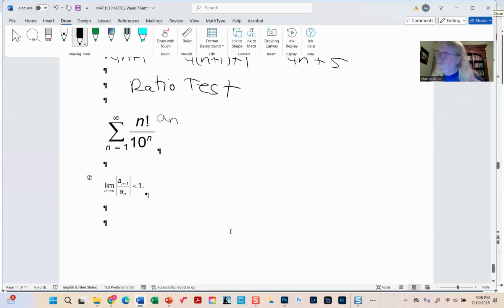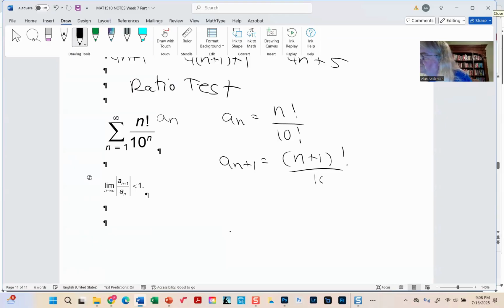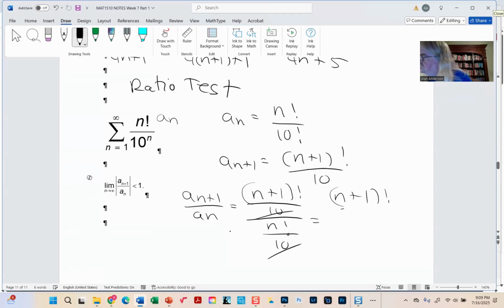So the limit, so if this is a n plus 1 equals, and that ratio, that's right.